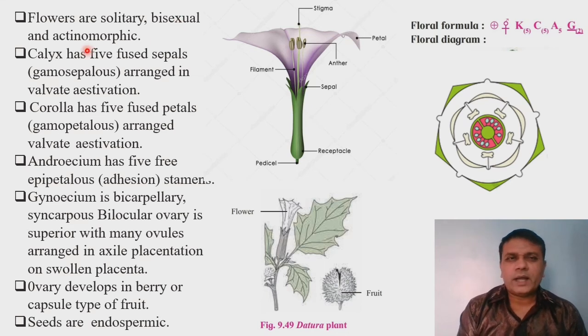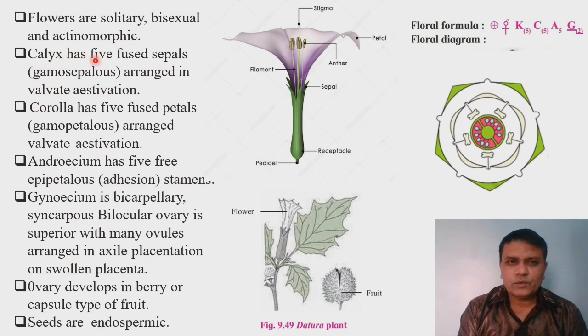Then flowers are actinomorphic. Actinomorphic means they are radially symmetrical. So such flowers are called actinomorphic. Now here in this diagram we can see the example of family Solanaceae, which is the Datura flower. Then the outermost green colored whorl of the flower is the calyx.